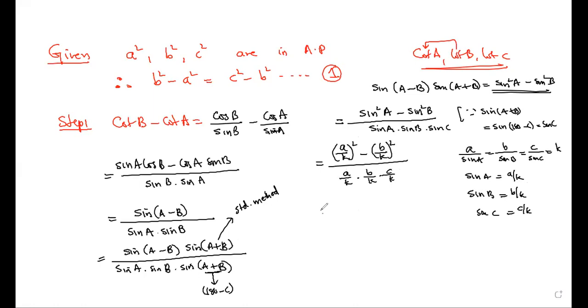K square comes out, so I can write K times a square minus b square upon abc.